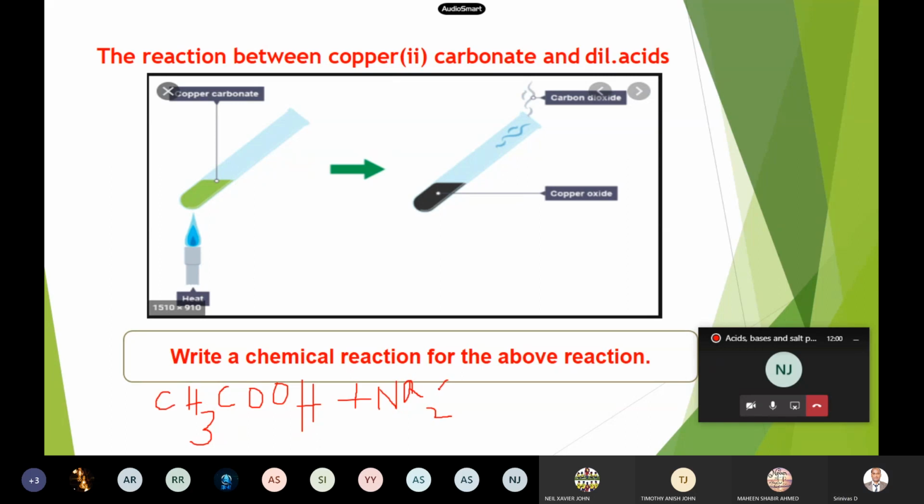CH3COOH plus Na2CO3 gives rise to CH3COONa, am I clear? Plus CO2 plus H2O.